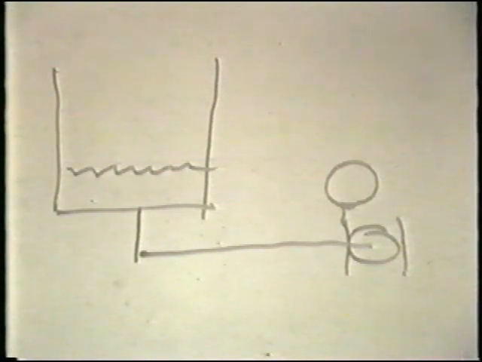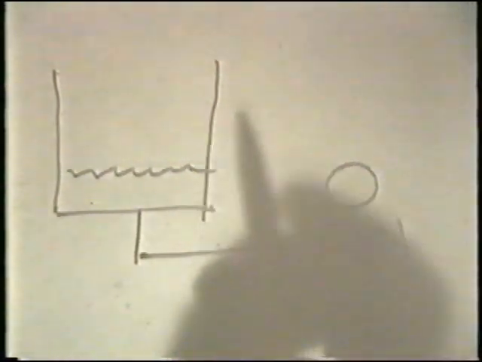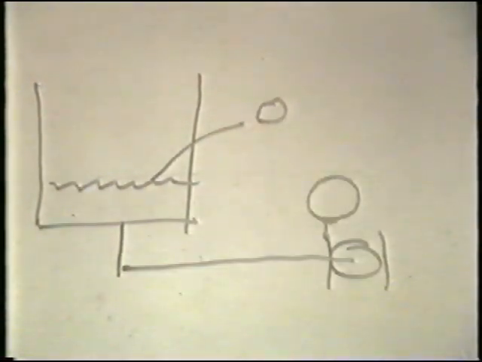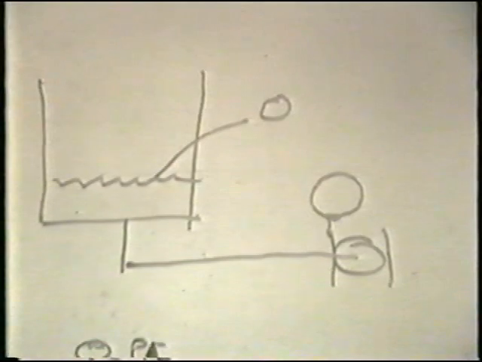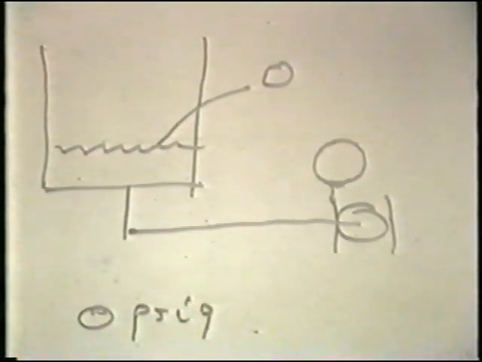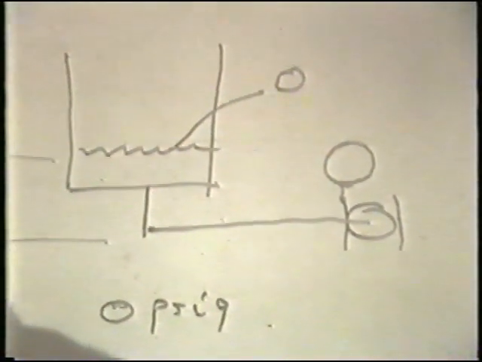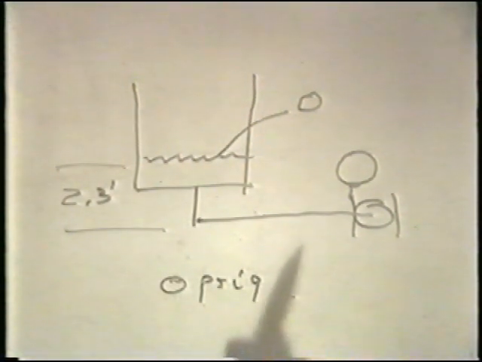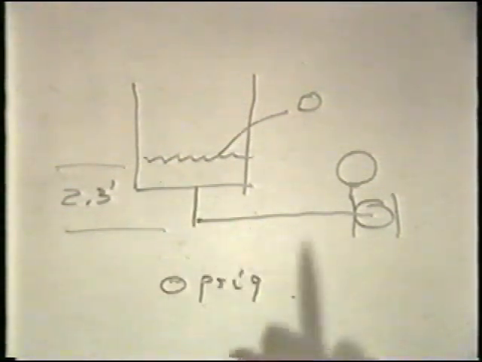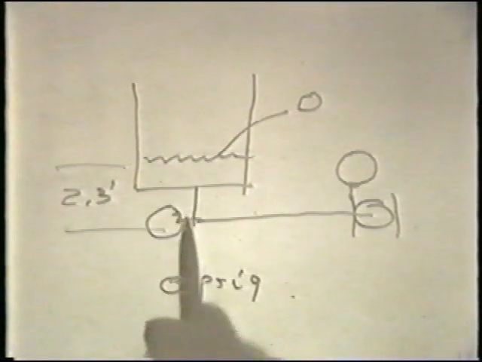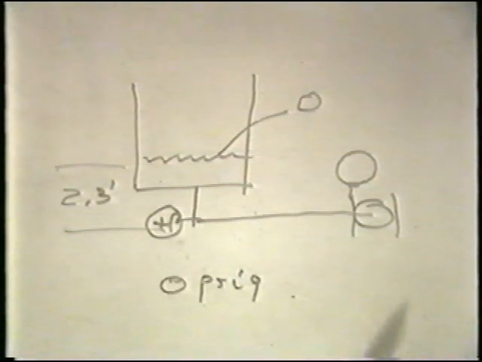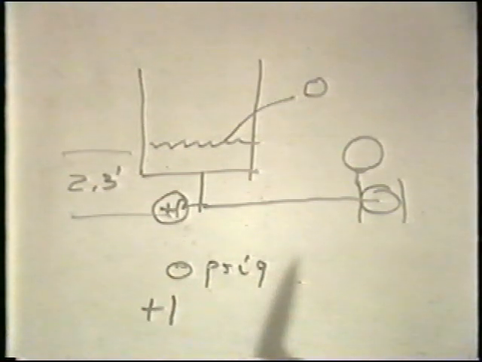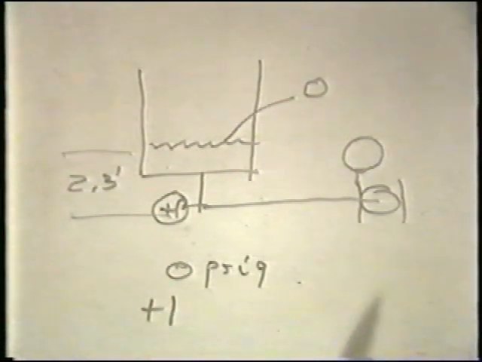Now, for this circumstance, we'll consider that this tower is at sea level and registers 0 psig. We have, for this example, 2.3 feet of available static pressure, which is going to register, if we were to put a gauge at this point, as plus 1 psi, because 2.3 feet is equal to 1 psi.